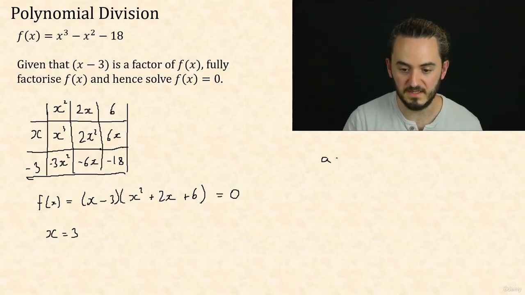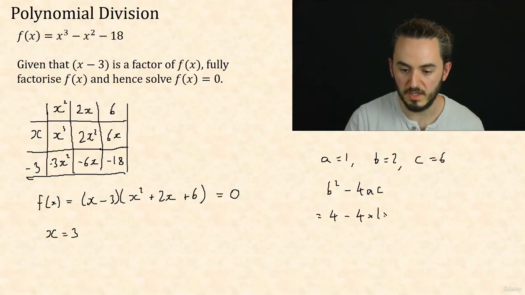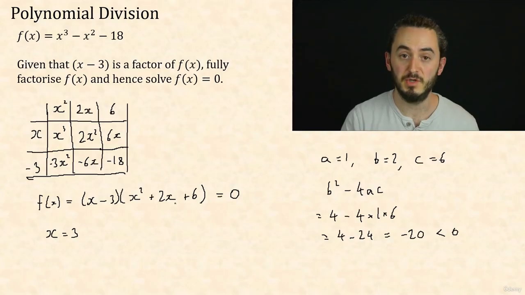So for that quadratic there, a is 1, b is 2, and c is 6. And b squared minus 4ac for this quadratic is 2 squared, which is 4, minus 4 times 1 times 6. That's 4 minus 24, which is minus 20. And since that's less than 0, this quadratic, I'm afraid, has no real solutions.